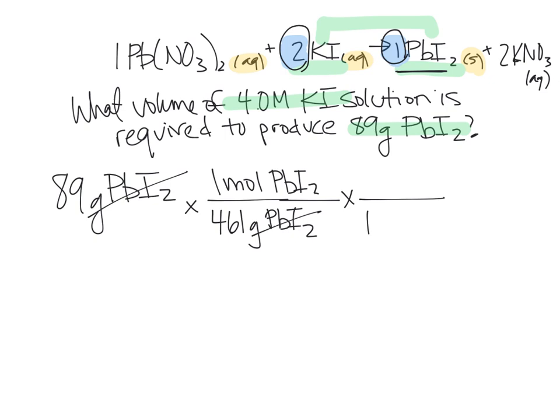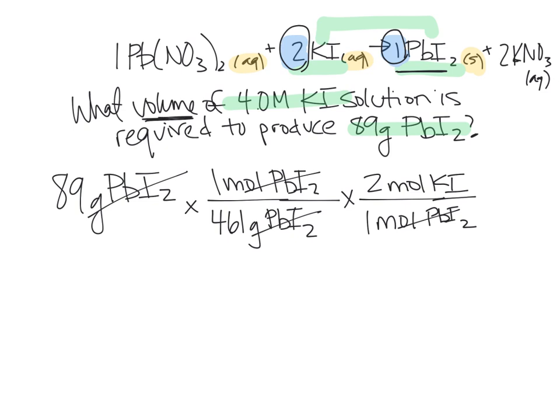So for every 1 mole of lead iodide, I will need 2 moles of potassium iodide. Notice I put the moles of lead iodide on the bottom because that's the unit I'm trying to cancel out here. If I stop the problem here, I would know how many moles of potassium iodide I need. But notice I want to know volume, right?